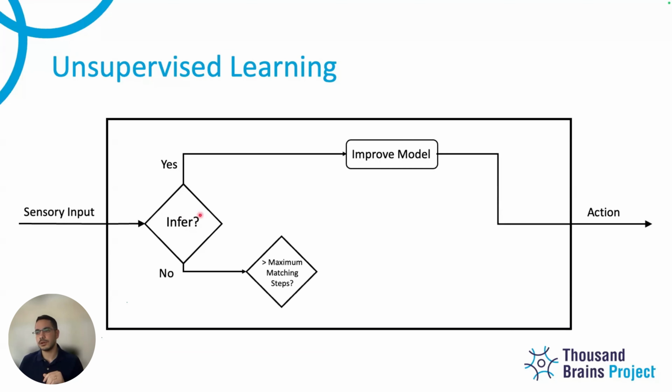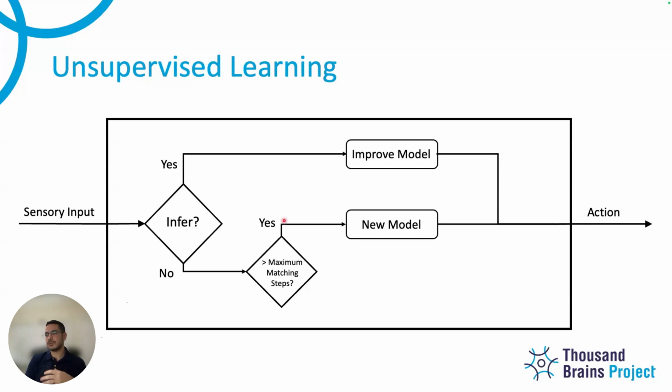But if we haven't inferred the model, we check if we have reached the maximum matching steps. It's just a number of steps, so that we have a minimum number of matching steps before we move on to creating a new model.